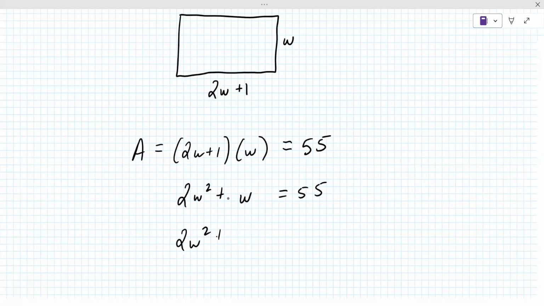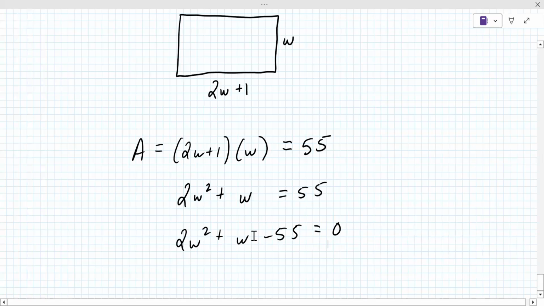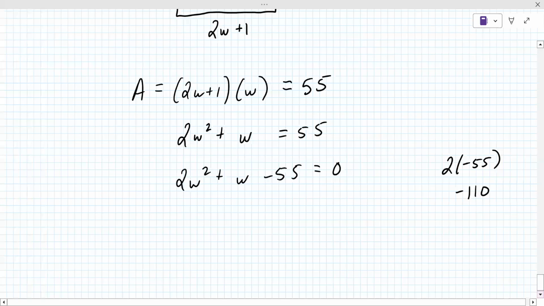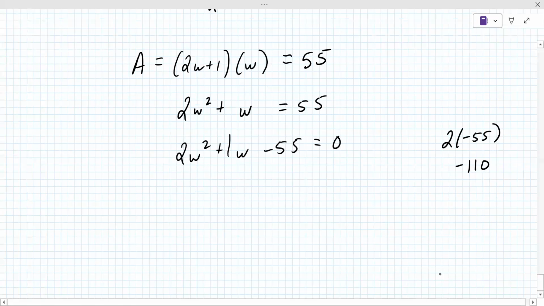And then you move the 55 over. So what you're looking for here are two numbers that multiply to negative 55, but I'm sorry, I take that back. You have to do the 2 times the negative 55. Yeah, so you need to get negative 110.